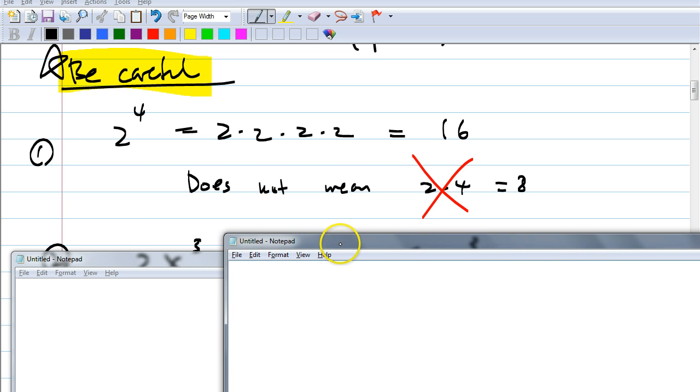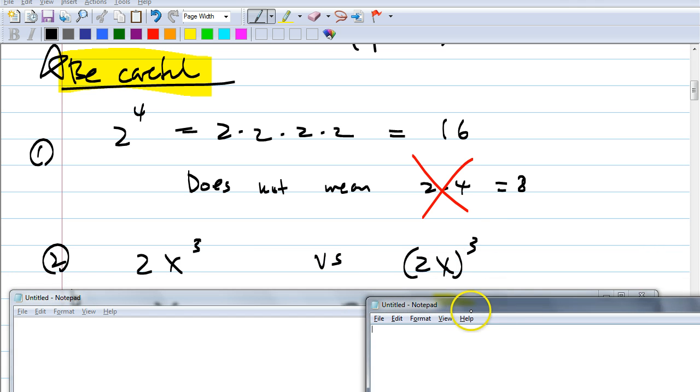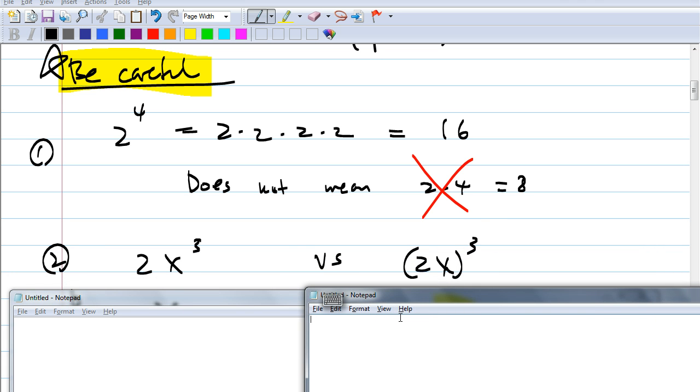Also, this one I see happening a lot. Compare 2x to the 3rd power versus 2x in parentheses to the 3rd power. This is the thing that people mess up a lot. Madeline, do you see what the difference is?